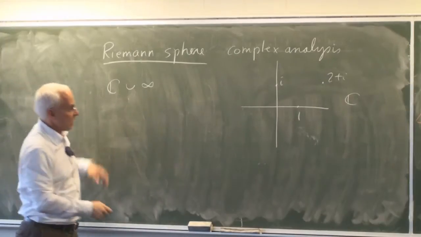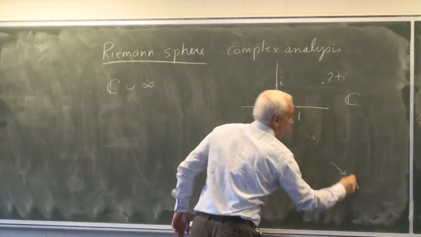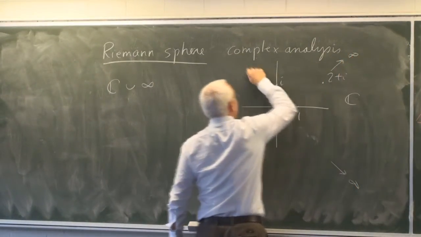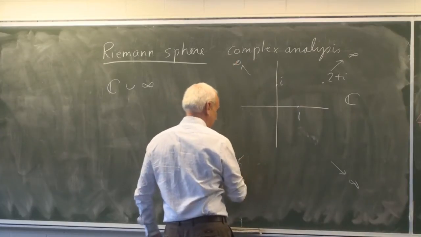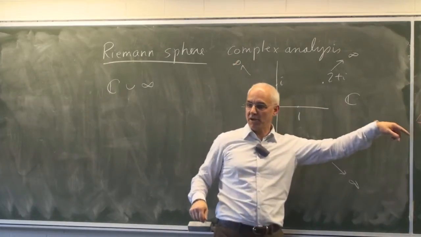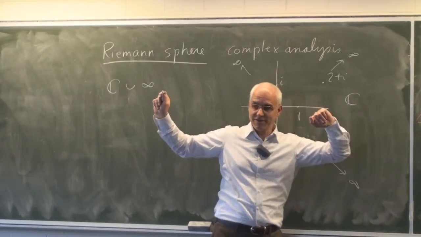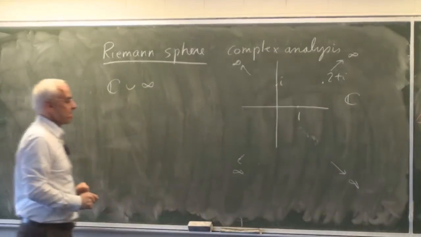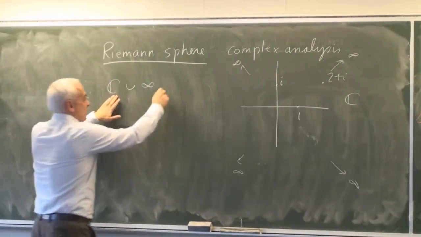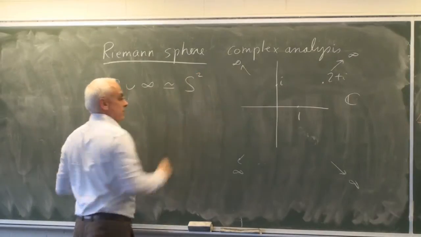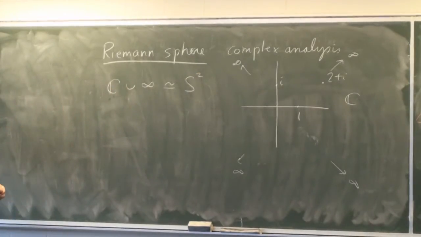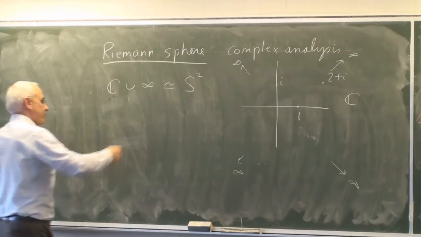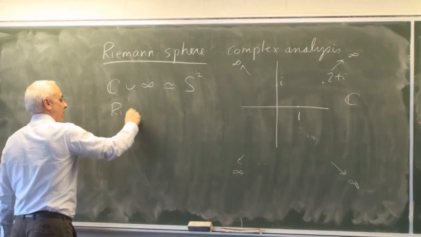This point at infinity is meant to be in all directions. Any direction that you go, you bump into this point at infinity in a limiting sense. And that's going to be topologically a sphere, which has, in fact, a complex structure. That's called the Riemann sphere.